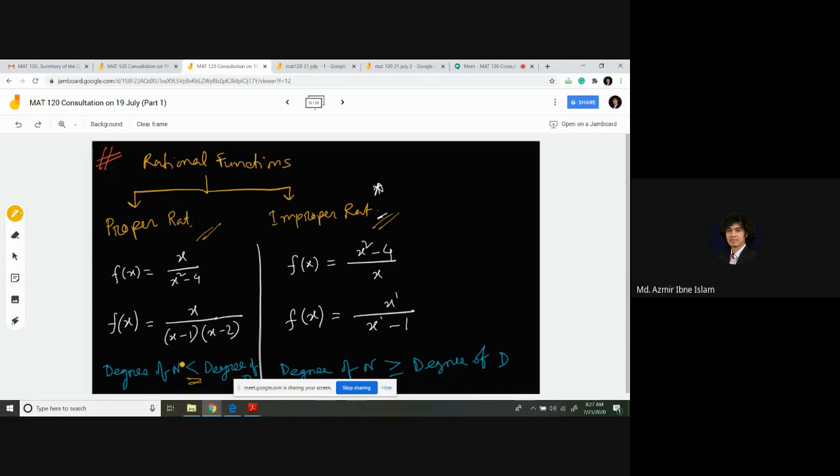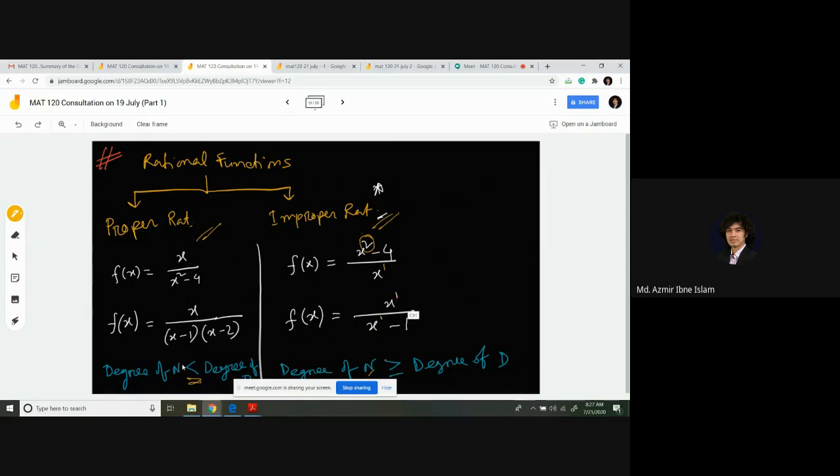What is improper rational? If the degree of the numerator is greater than or equal to the degree of the denominator. Here we have x power 2 in the numerator and x power 1 in the denominator, so this is improper rational. Or if both have x power 1, they are the same, so these are also improper rational functions.